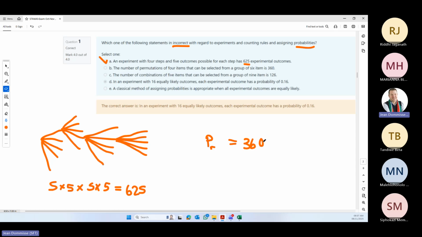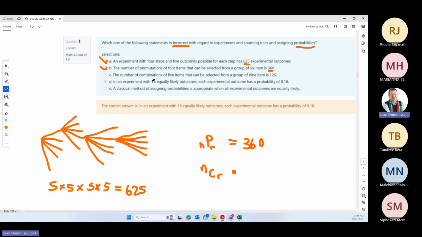On the calculators, there's normally an NPR. So it's normally written NPR, and then for combinations NCR. That's normally on the calculator, but I cannot seem to find mine at the moment. But that's normally what you will look for on a calculator. Okay, so that one is also correct.